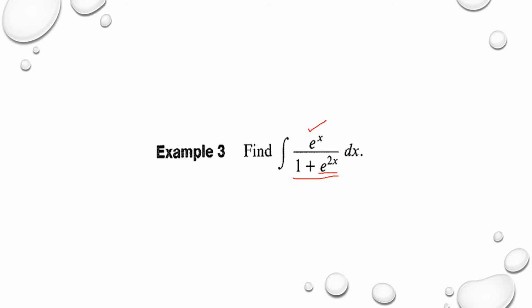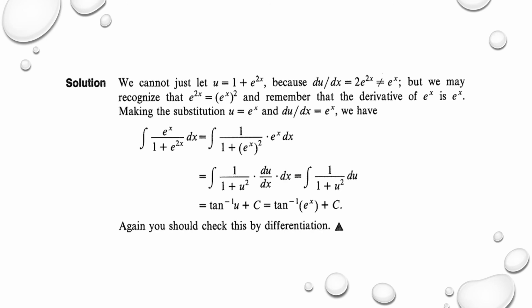We will select e raised power x as u, and our problem will reduce to 1 over 1 plus u square du. Let's see its explanation. If we let u be equal to 1 plus e raised power 2x, its derivative is this, which is not equal to e raised power x.